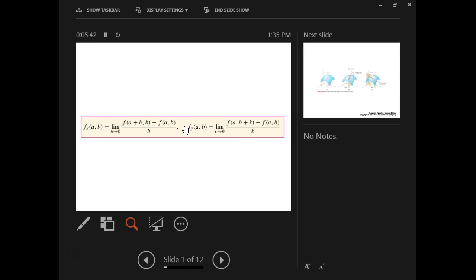This is kind of like your prime notation when you're doing single variable calculus. Take the derivative of f with respect to x, you call it f prime. Here, because you have two variables, you have to somehow differentiate. So this is f sub x and f sub y. If you had 17 variables, you'd have a different subscript for every one of those variables.